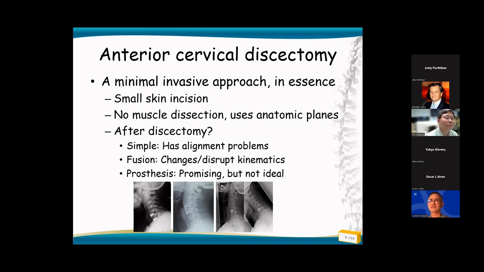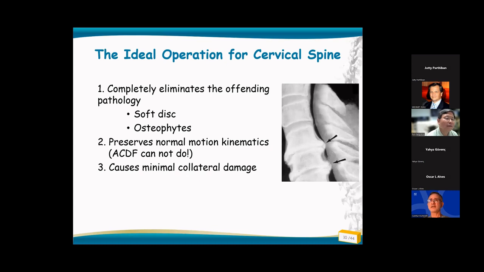There is also an option, prosthesis. This is a promising one, but it has its own problems and is not ideal. An ideal operation for the cervical spine should completely eliminate the offending pathology, whether it is soft disc or osteophyte, but also should preserve normal motion kinematics.